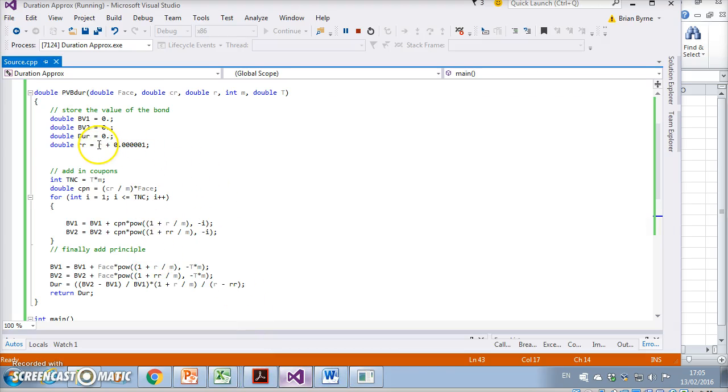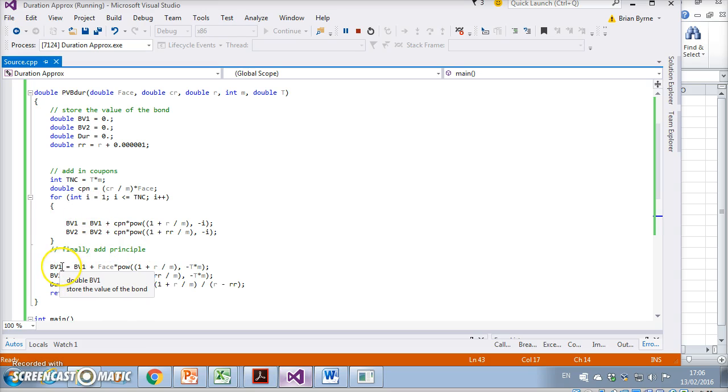So basically RR denotes a slightly higher rate of interest, and we discount the coupons again at that slightly higher rate of interest, and then we take this BV1 and add to that the face discounted by 1 plus the rate of interest divided by m to the power of t by m, which is the maturity, and we repeat that exercise for the second bond.